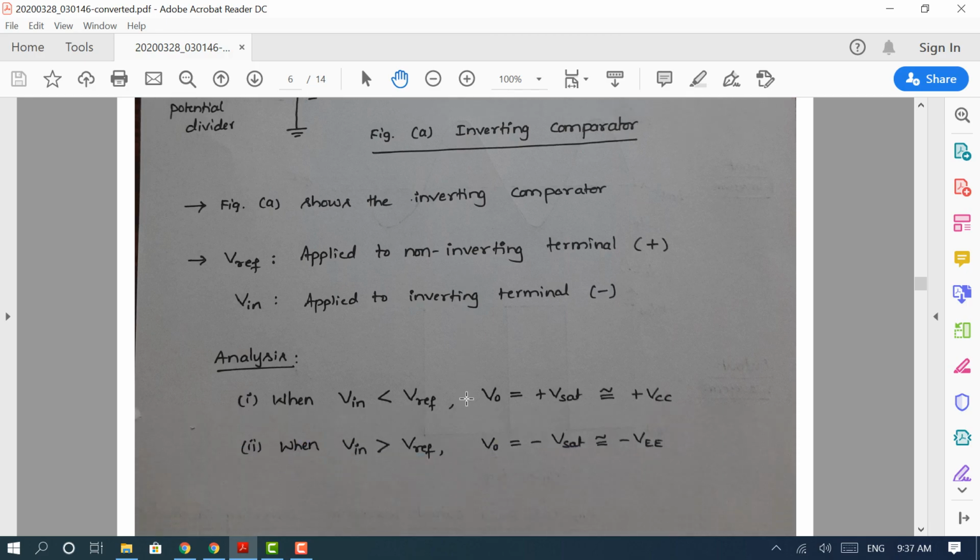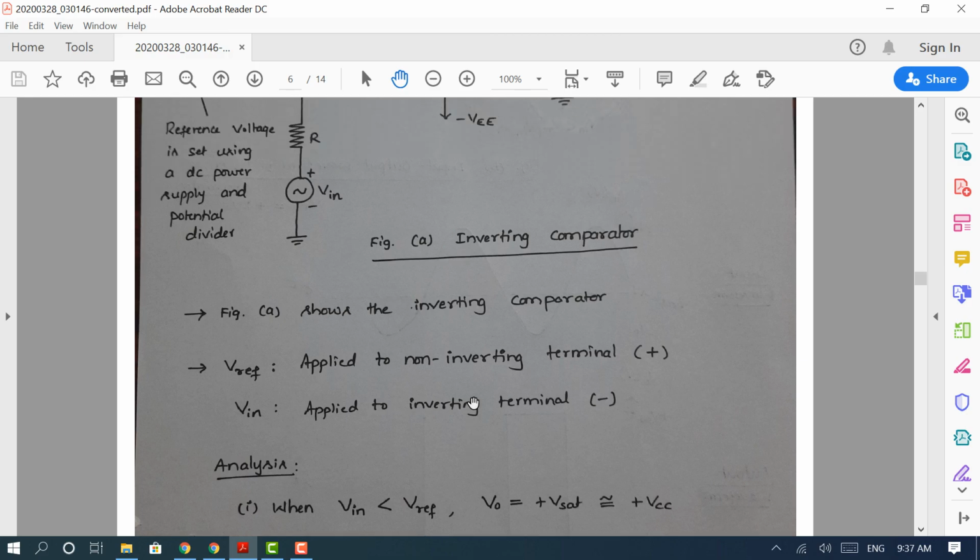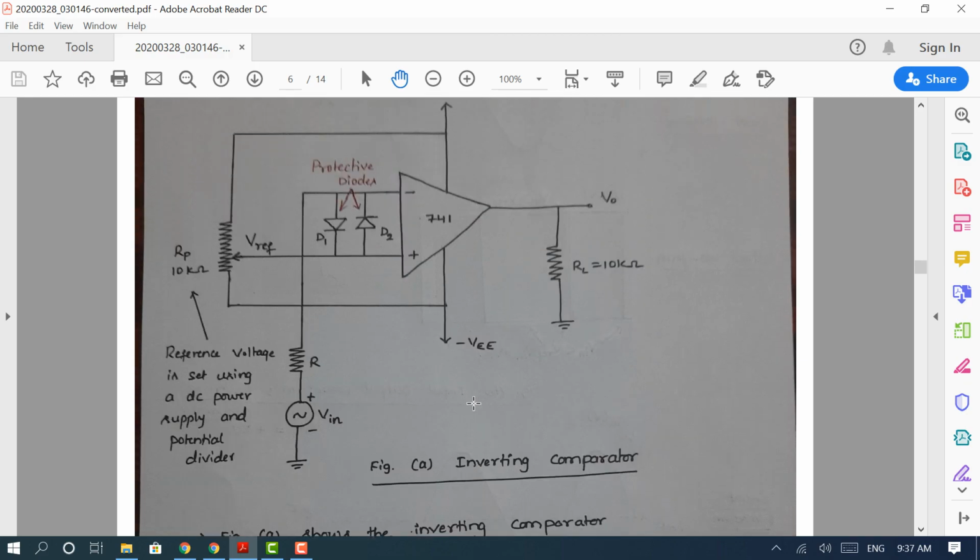Now let us analyze what happens when the input is less than the reference voltage. Let's go back to the circuit and see where this input signal goes. Input signal goes to the inverting terminal. Reference voltage goes to the non-inverting terminal.